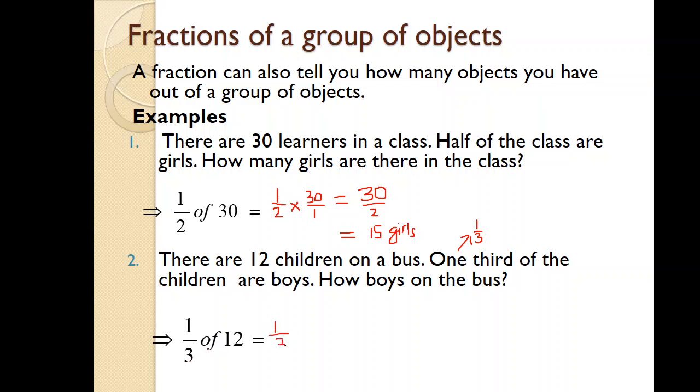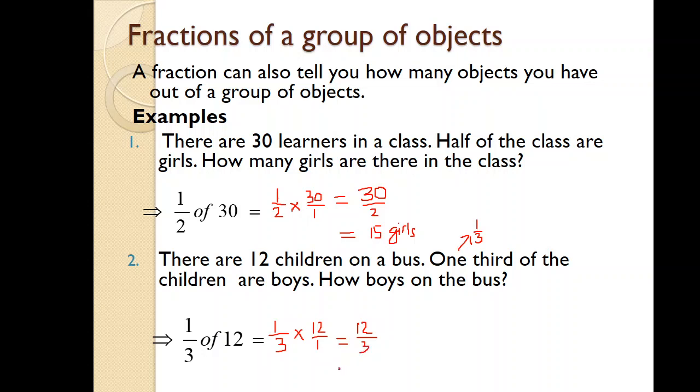We do the same thing. We change "of" to a multiplication sign. Then you write 12 as a fraction over 1. Now you multiply the top numbers by each other, which is 12 multiplied by 1, giving you 12, over 3 multiplied by 1, which is just 3.